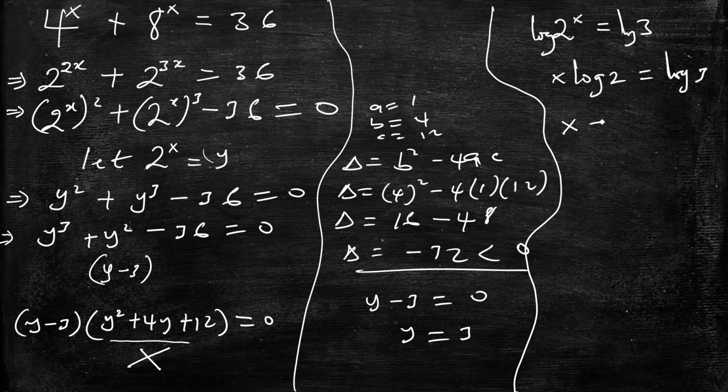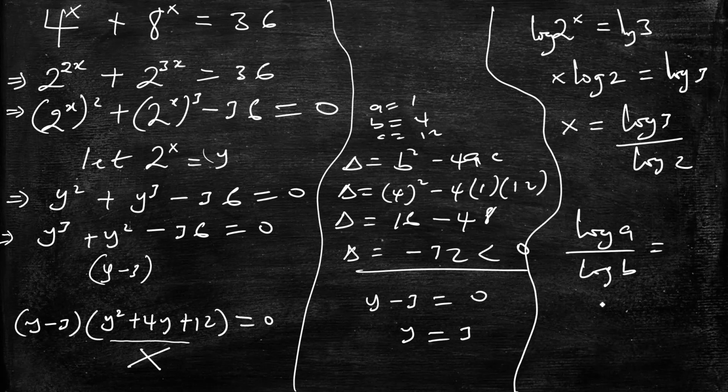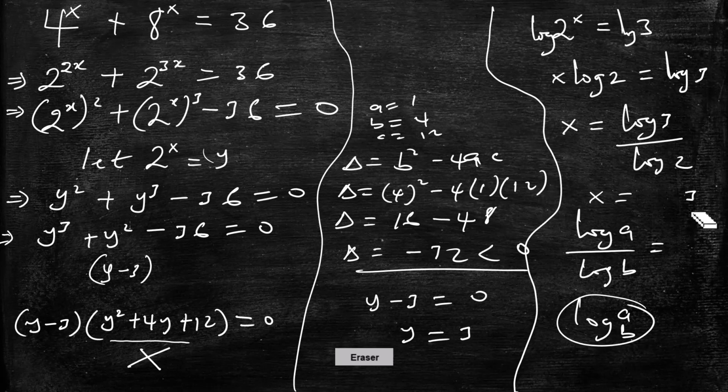So my x is log 3 over log 2. In case we're given log a over log b, it's the same as log a base b. So this one will be log 3 base 2. So this is the final answer.